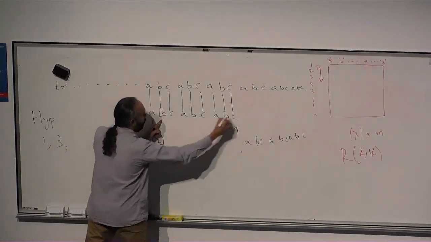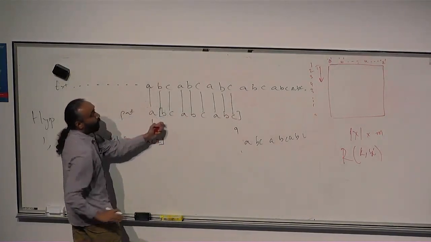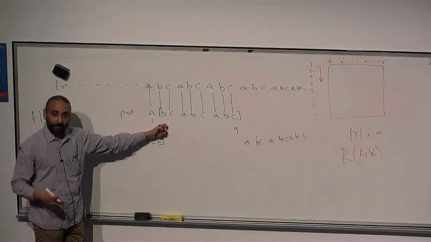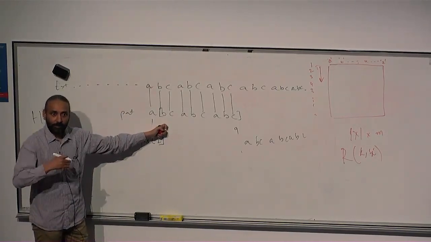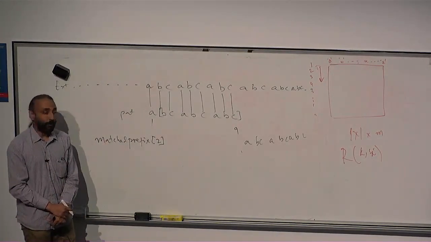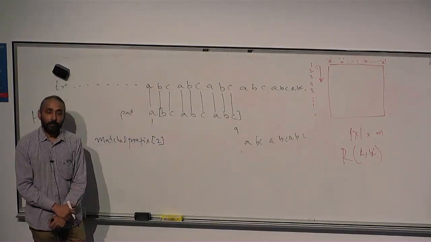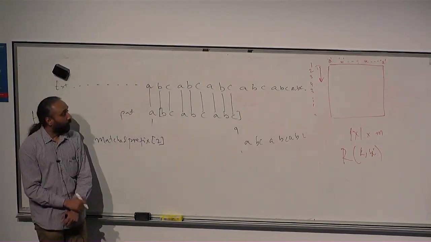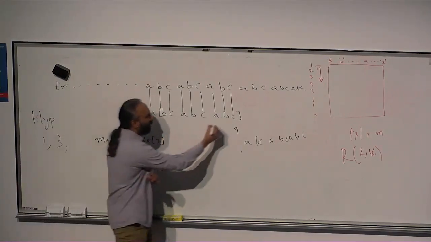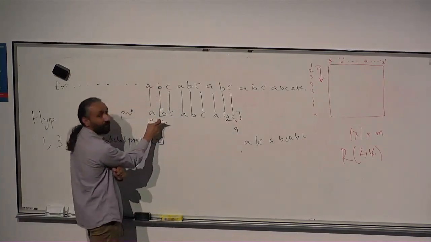So if you look at those characters 2 to 9, okay? Let's ignore the first one. What's the longest suffix inclusive of 2 to 9? So 2 to 9, 3 to 9, 4 to 9 that matches the prefix. What is the length of the longest?